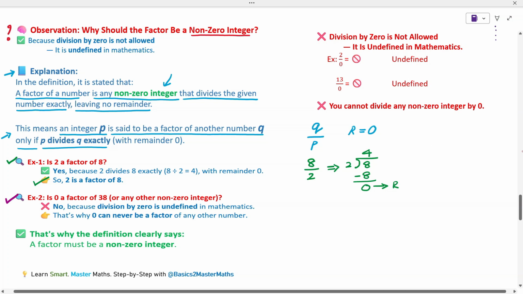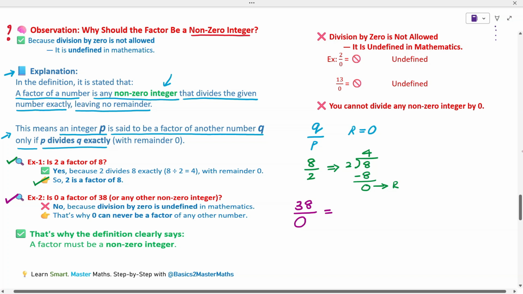Let us take another example. Is 0 a factor of 38 or any other non-zero integer? Let us check. Here you have to divide 38 by 0.